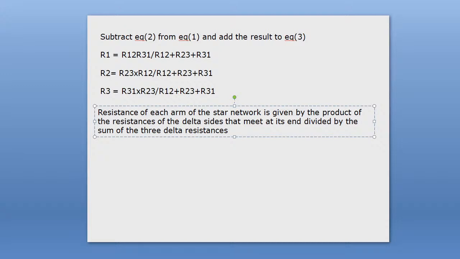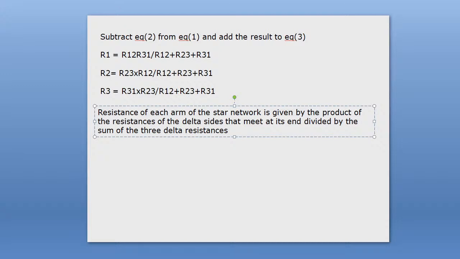Similarly, if we consider terminal 3, so R3 resistance for terminal 3 of delta network, you see that two resistances are joined together at terminal 3 of delta network, R31 and R23. So therefore product terms is nothing but multiplication of these two terms R31 and R23.